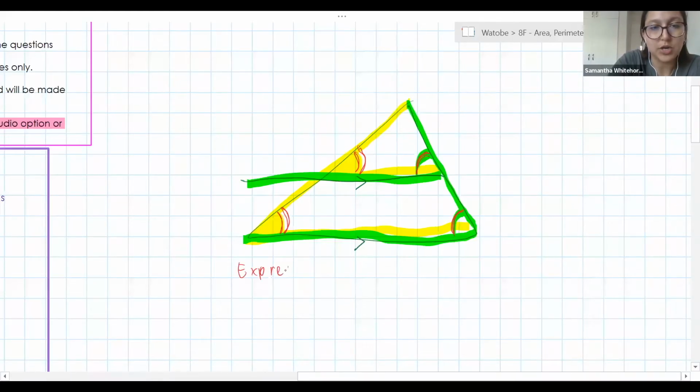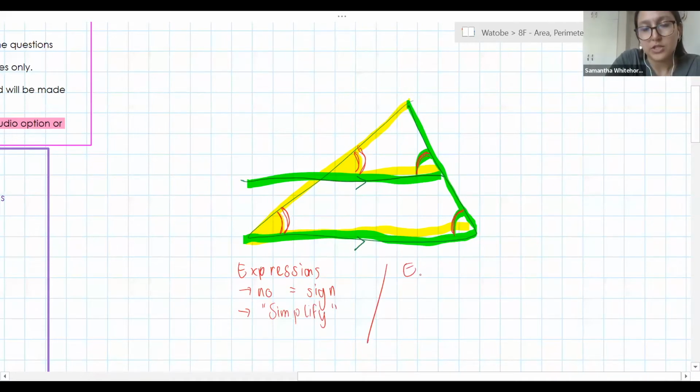Expressions, your instruction, because there's no equal sign, will then be simplify. So simplify the following expressions, or just simplify the following, versus equations that do have equal signs.